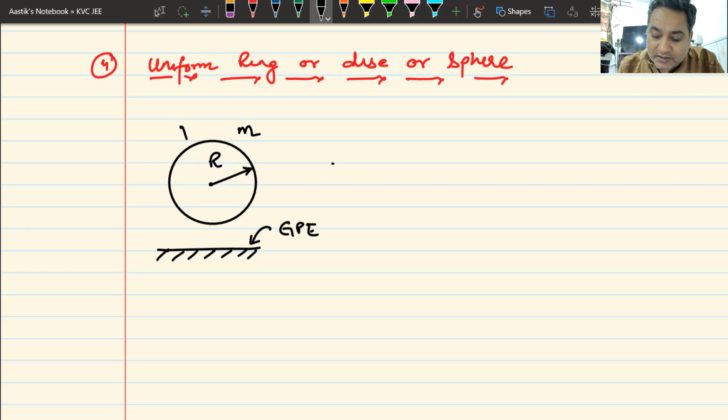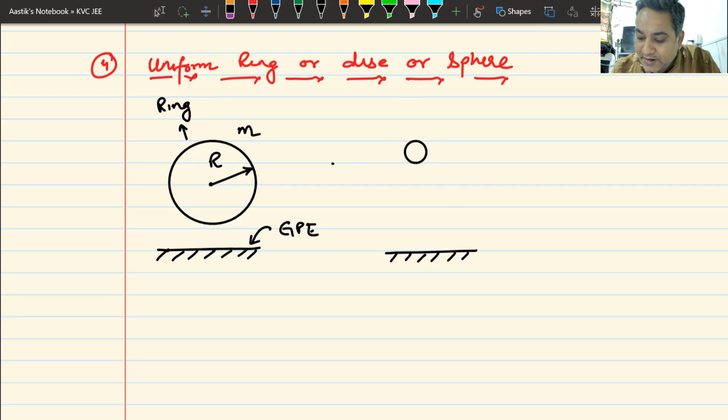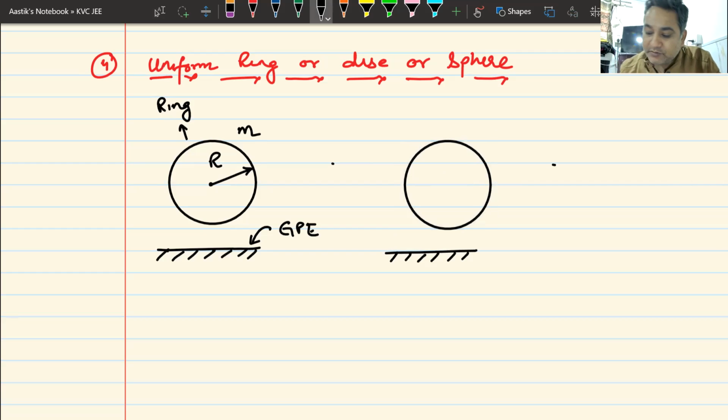This is how I represent a ring. This is how I represent a ring. Then how do I represent a disc? There is a subtle difference between a ring and a disc. Now, if I have to represent a disc, I have to first make a circle. Now, the radius of this circle is r.